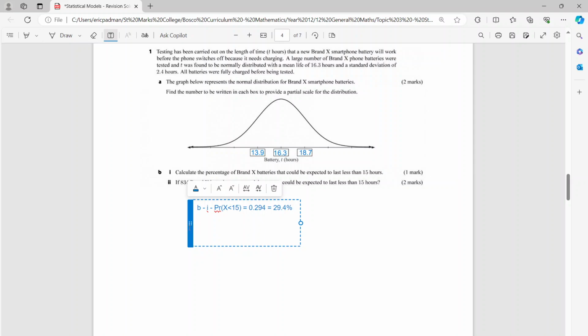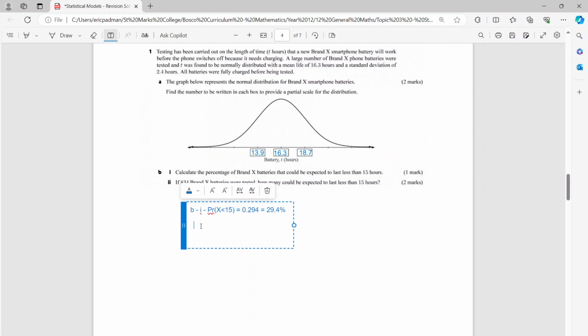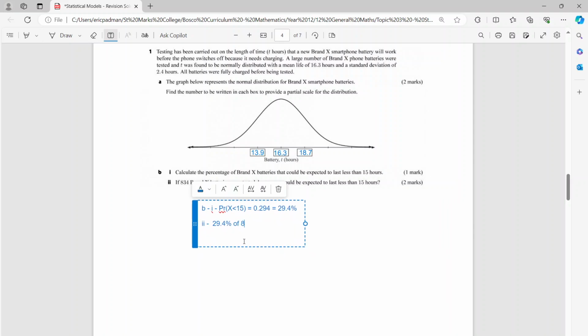Okay, so the last one. If you buy that many batteries, how many would you expect to last less than 15 hours? Well, it'd be 29.4% of, so it's for part two, it was 834. You basically just multiply by the proportion. It's the easiest way to go about doing this.